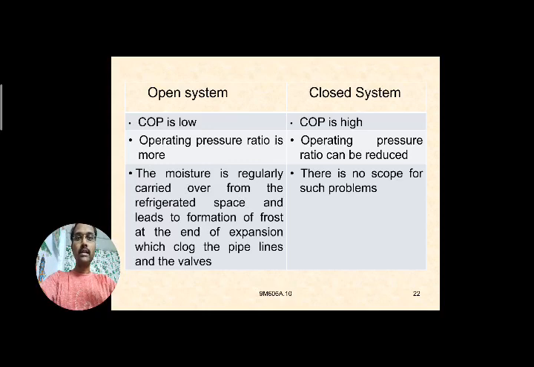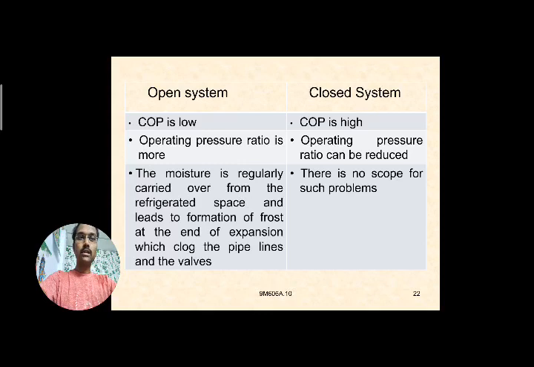So this is one reason why you are not using the open system, and why the COP is less. The parts may also get damaged due to the moisture, which is directly carried from the refrigerated space and then enters into the components.